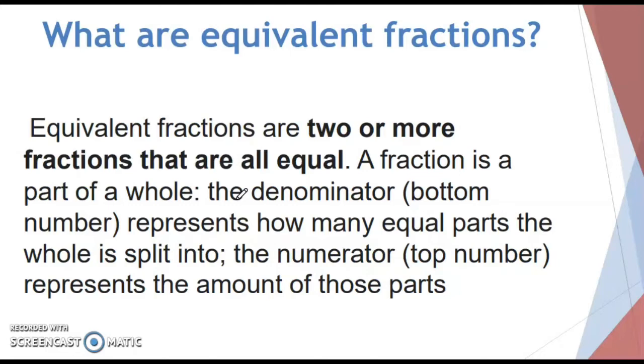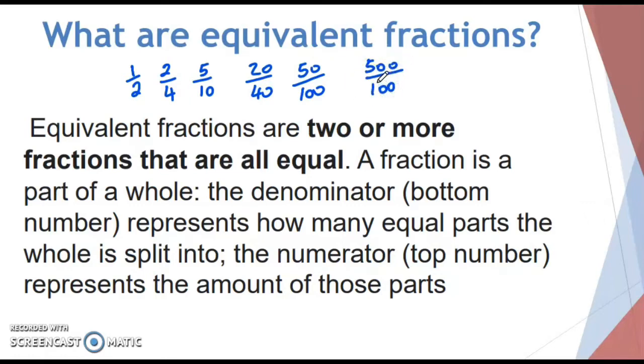For example, if you have a half, another equivalent fraction can be 2 over 4, 5 over 10, 20 over 40, 50 over 100, 500 over 1,000, and those are equivalent fractions.